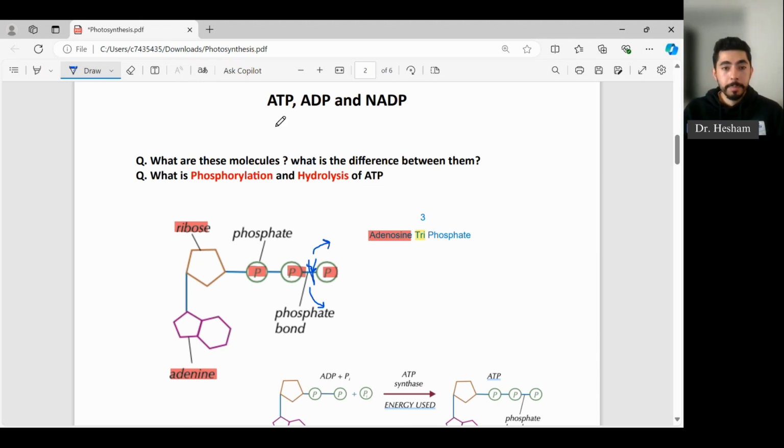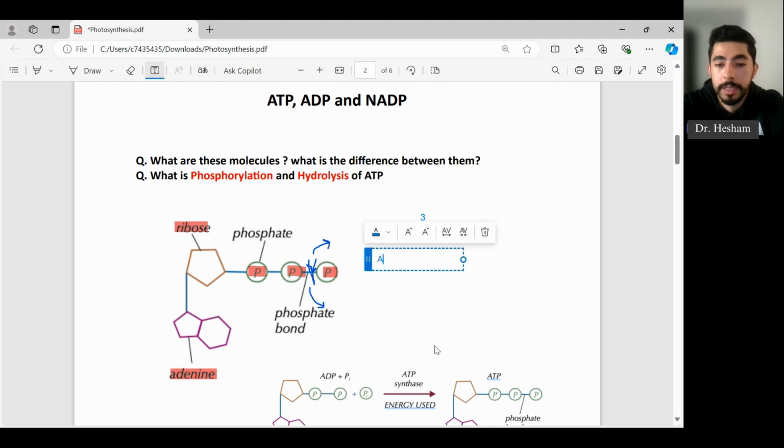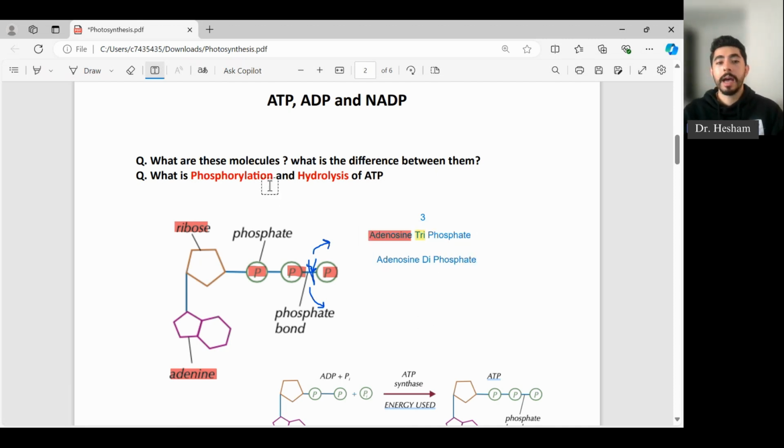ADP is adenosine diphosphate. It's basically the same thing, but instead of a tri, I have a di. Di means 2, tri means 3. So adenosine diphosphate, or ADP, is the same molecule but without this phosphate.